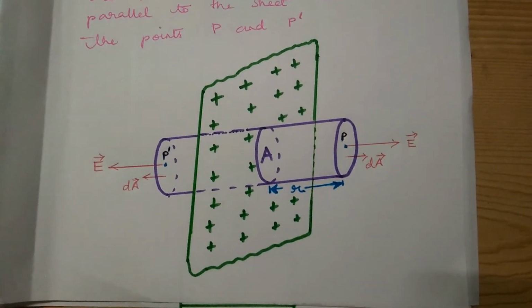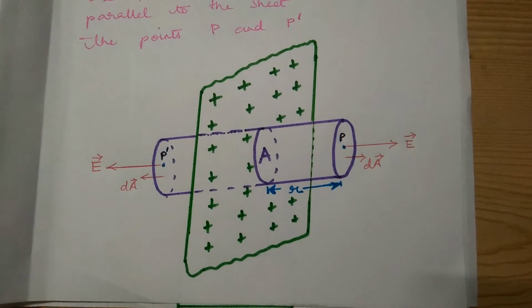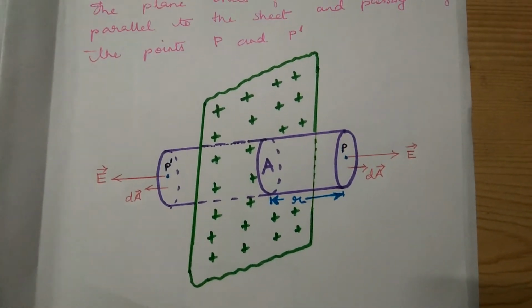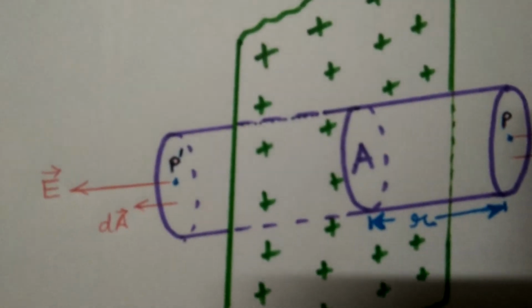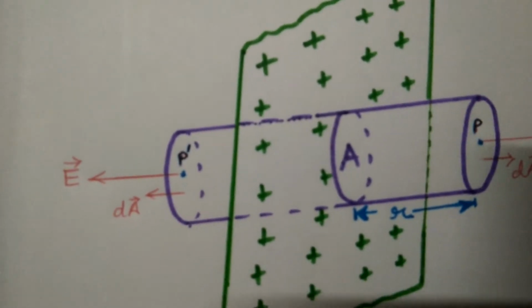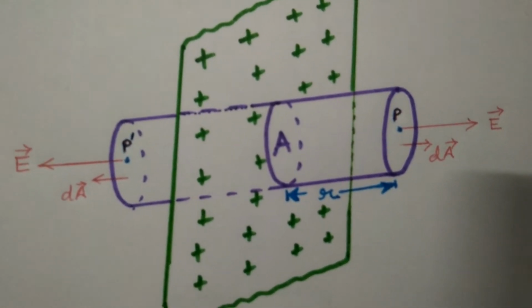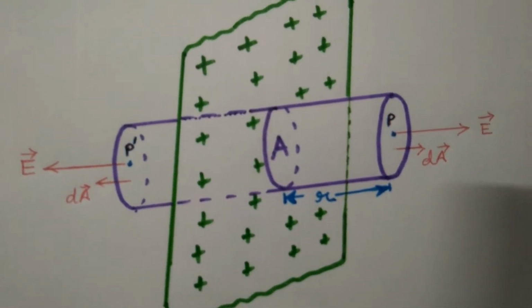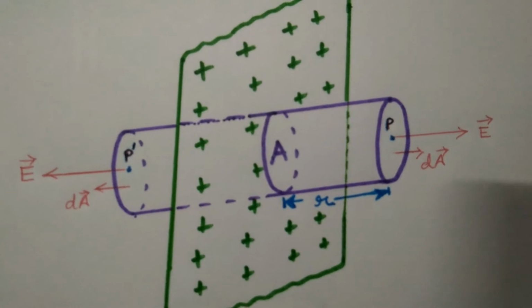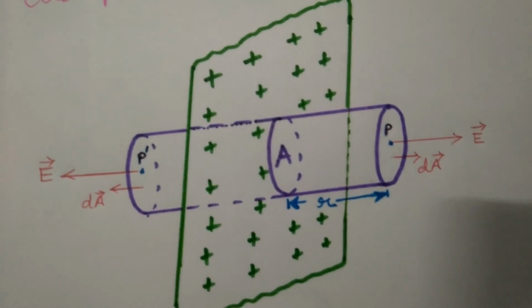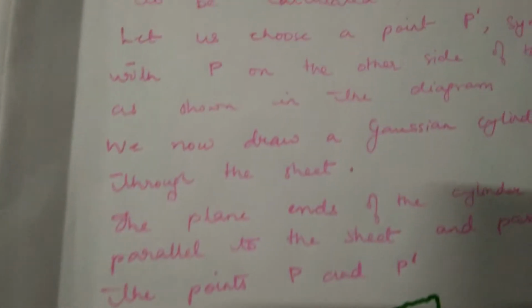The point P is at a distance r, and another point P dash on the left hand side is considered, which is in symmetry with the point P, and the plane ends of the cylinder should contain both these points P and P dash. So this is how we draw it.